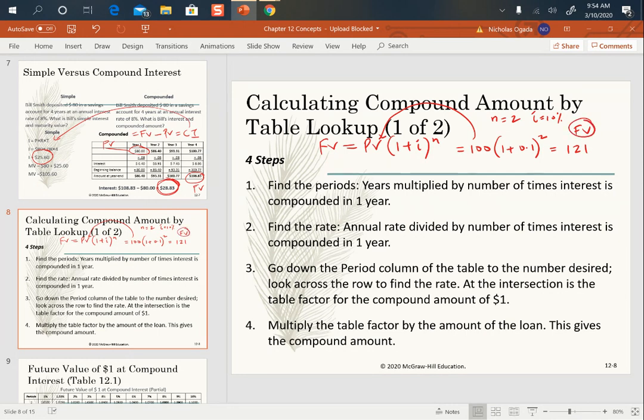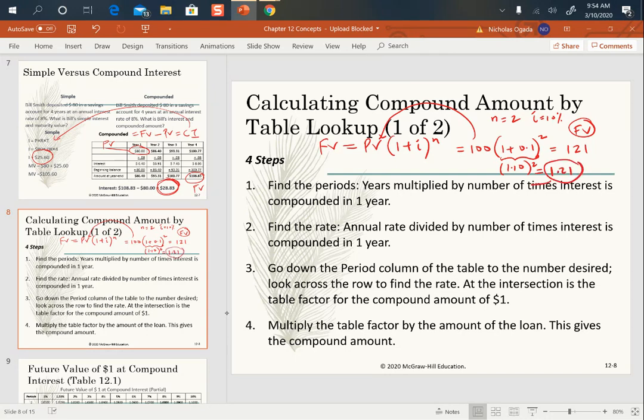So in trying to use the table, it's the same concept. We know n is 2 and i is 10%, so we will use this and go to the table. What the table is going to give us is basically this value, the 1.1 raised to 2, which comes to 1.21.